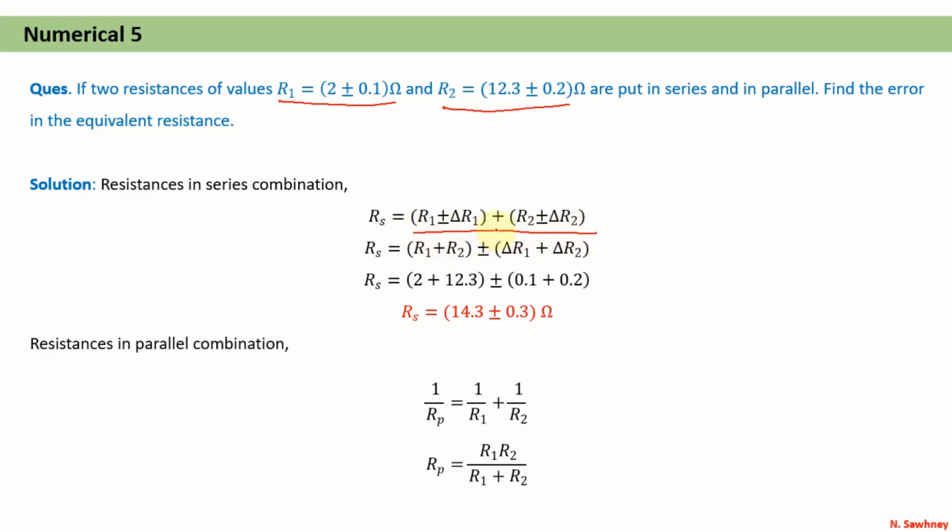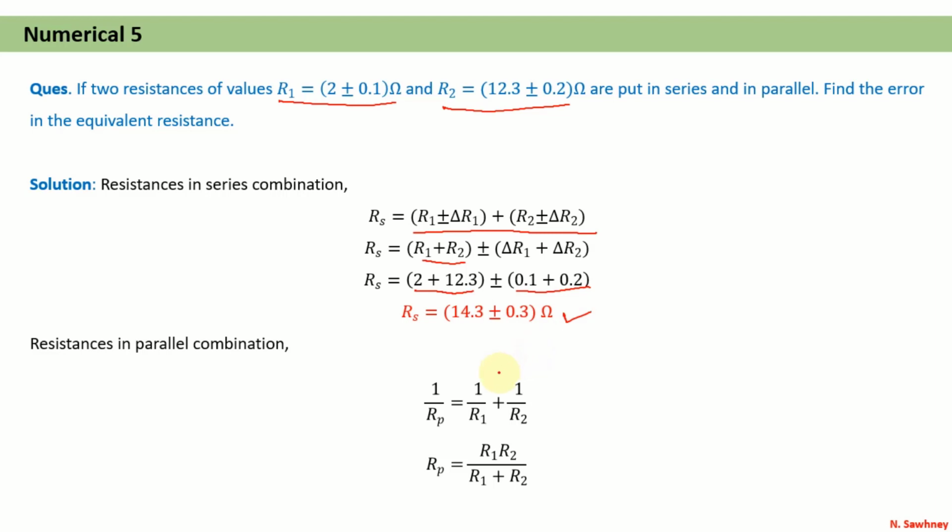So whatever values are given in the numerical, they are simply added up. So the magnitudes are R1 plus R2, so they are added, that is 2 plus 12.3, and their errors are also given as 0.1 and 0.2, they are also added. So the resultant comes out to be 14.3 plus minus 0.3 ohm.